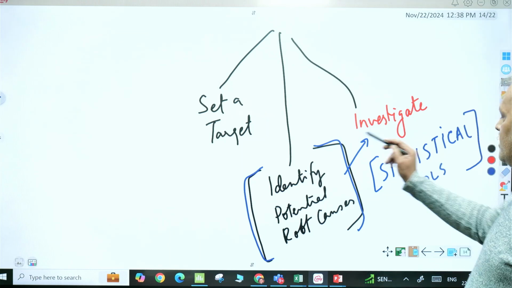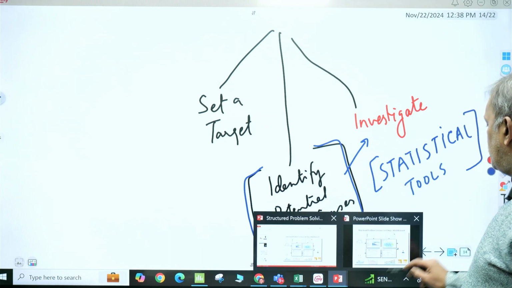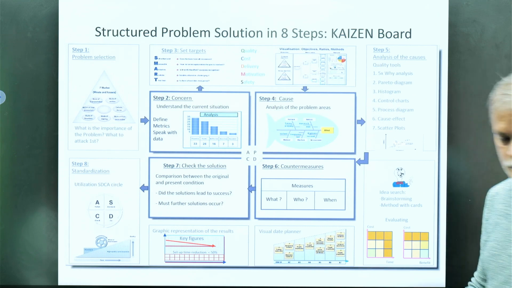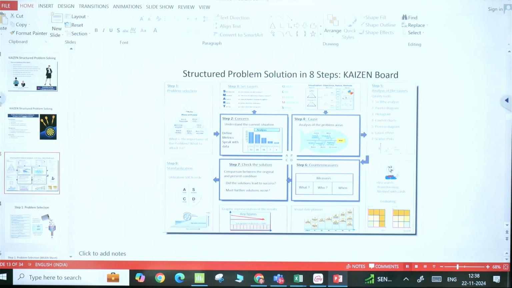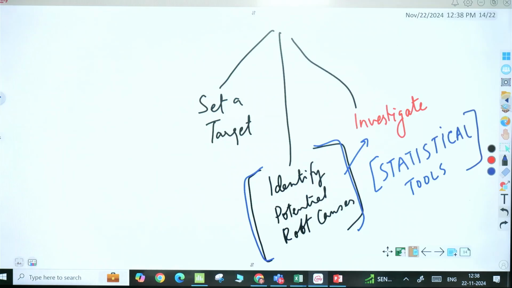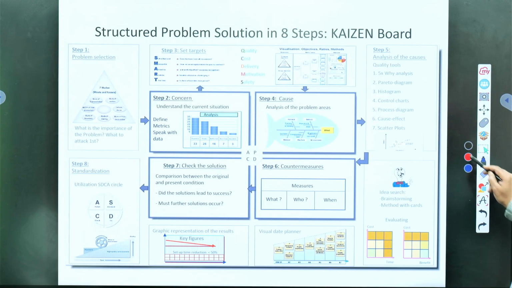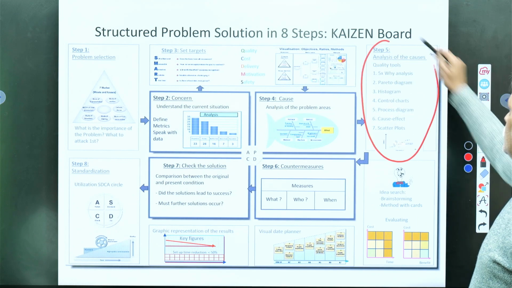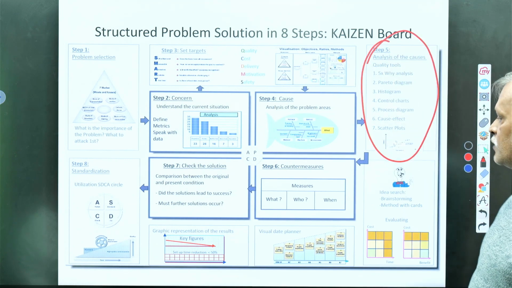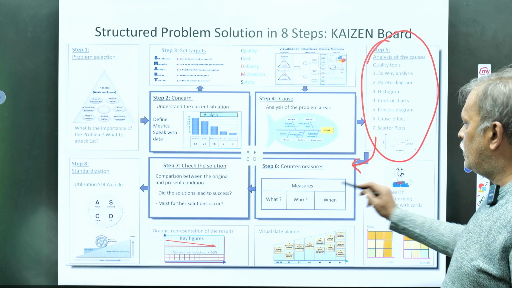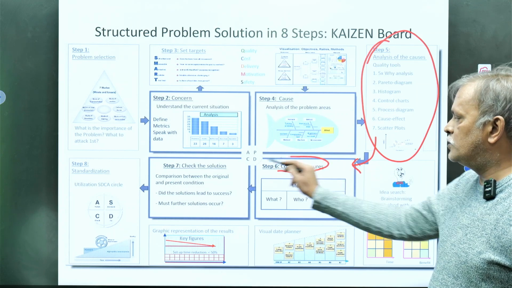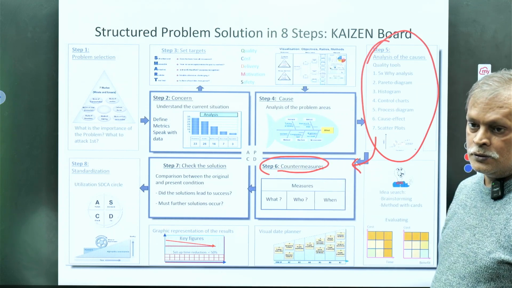Once you've identified what method you are looking at using, once you've investigated, कौन सा factor impacting है, then you build your improve plan. You build your countermeasures. How do you plan to fix it?